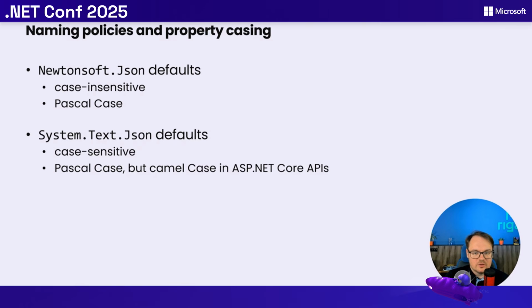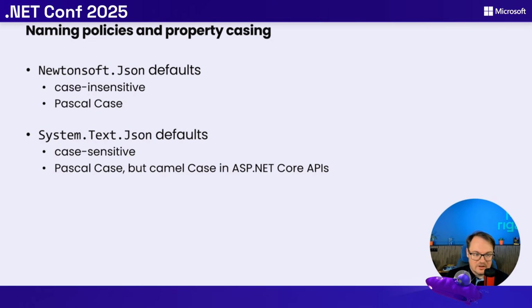However, if you are using ASP.NET Core Web APIs and System.Text.Json, by default it's configured there to be camel case. So if you are migrating some APIs from old .NET Framework to ASP.NET Core, just be careful that you configure the same casing. Otherwise, you will have a breaking change, and sometimes it's not very obvious to see.